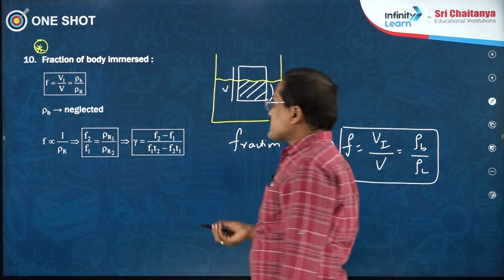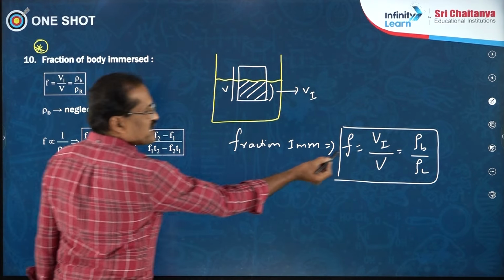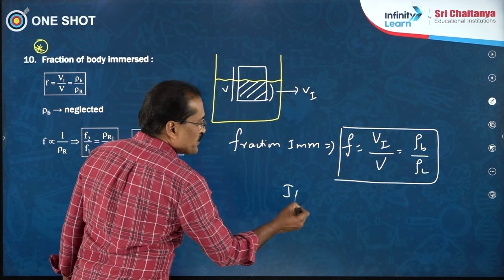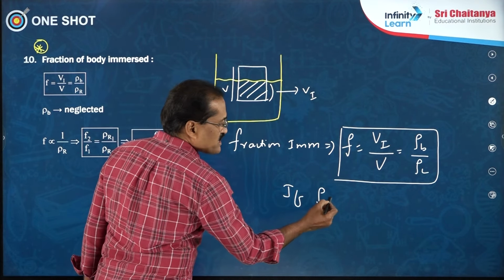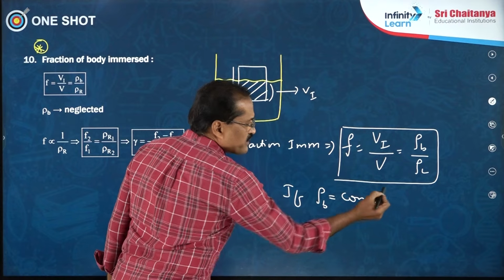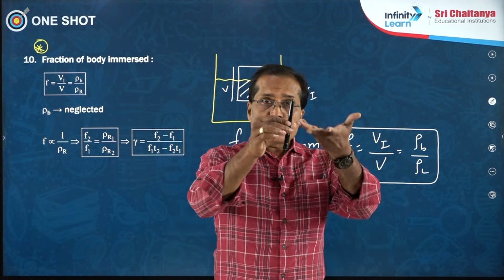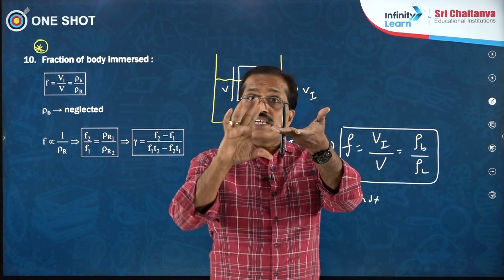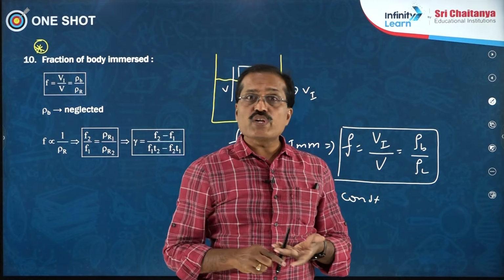Now from this we can say, assuming the density of the body is not changing, if rho b is constant, normally we expect that liquid expansion will be more than expansion of solids. Assume that the body placed inside the liquid is not expanding, only the liquid expands. Because of that, the density of the liquid only changes.